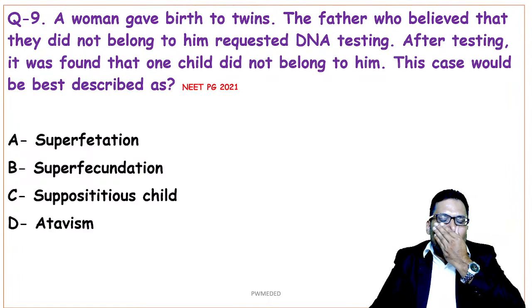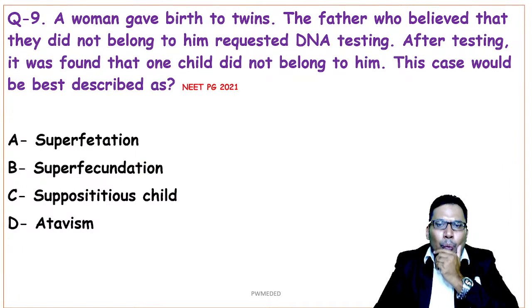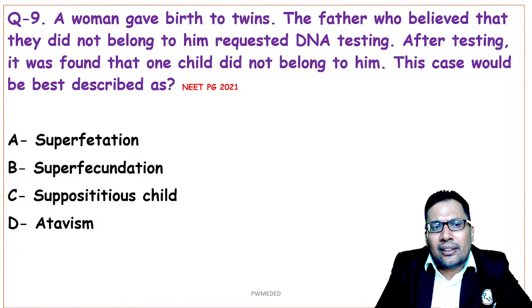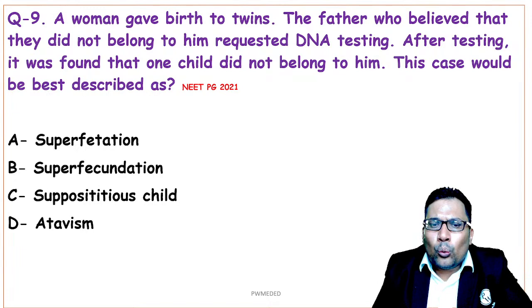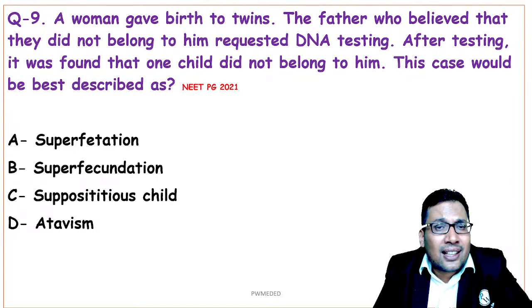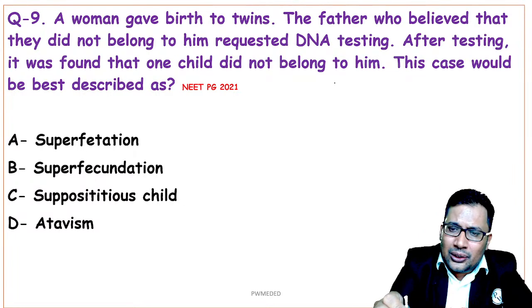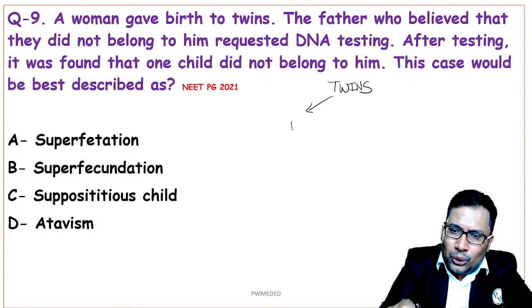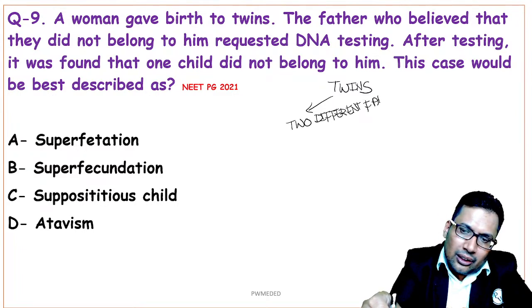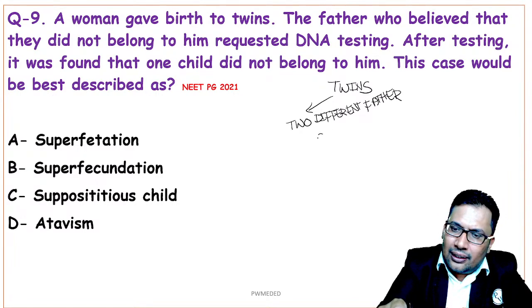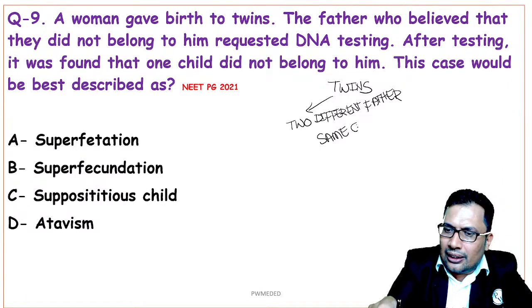A woman gave birth to twins. The father, who believed that they did not belong to him, requested DNA testing. One child did not belong to him. This case is best described as: a case of twins with two different fathers.